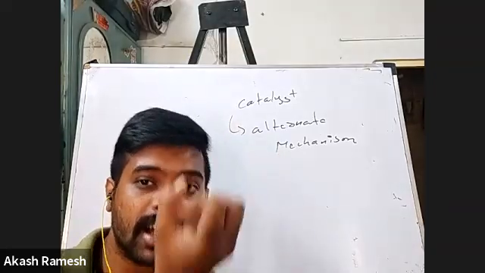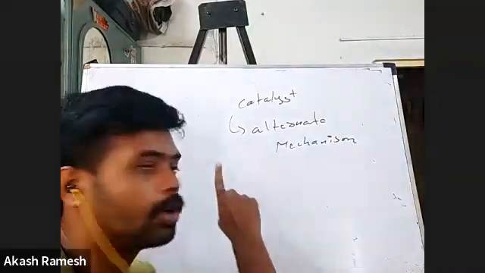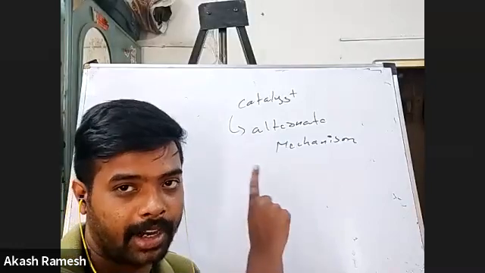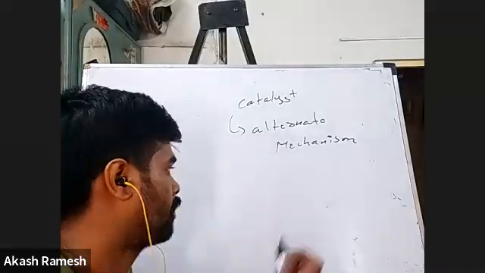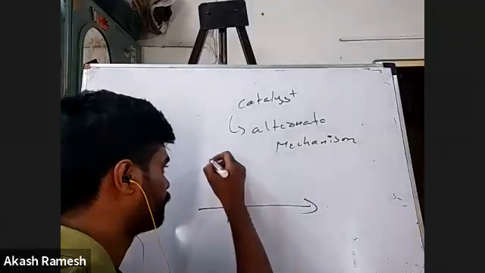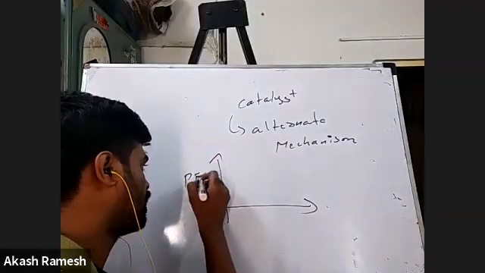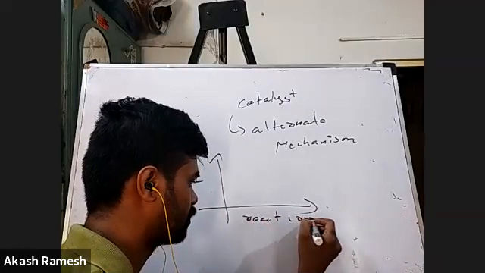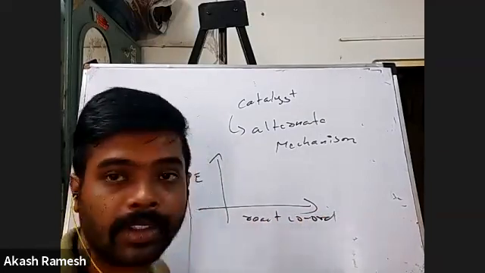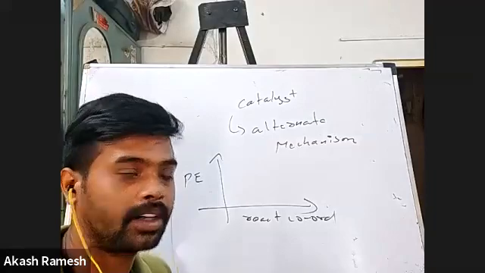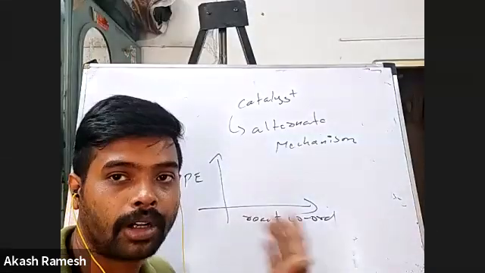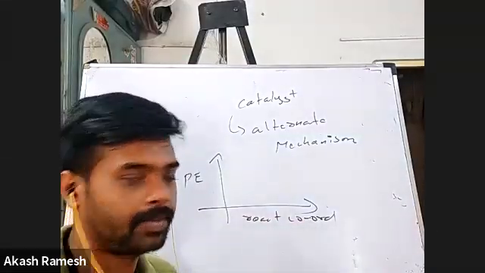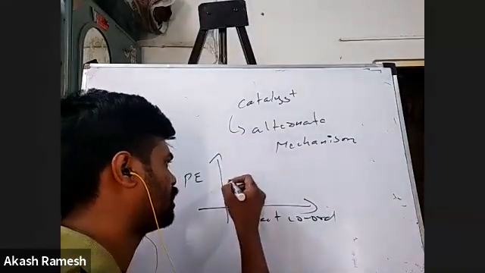Activation energy decreases. So if I do the same thing in the form of an energy profile diagram, say this is my potential energy, this is my reaction coordinate. I first draw the graph for a case where I don't have a catalyst.